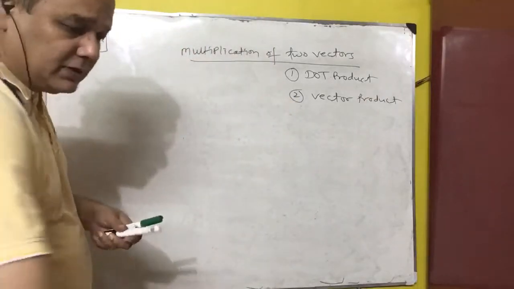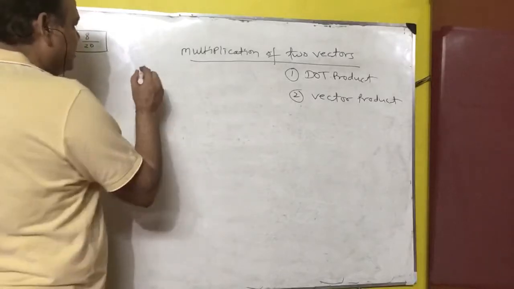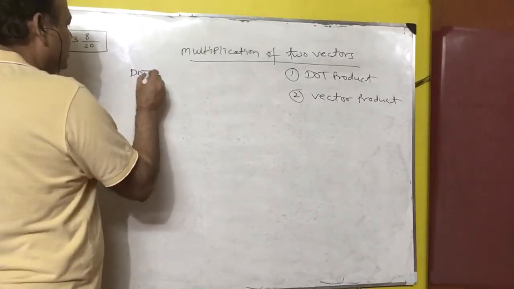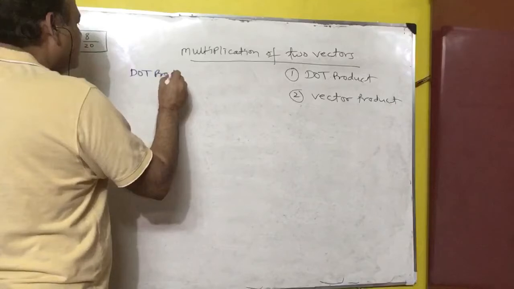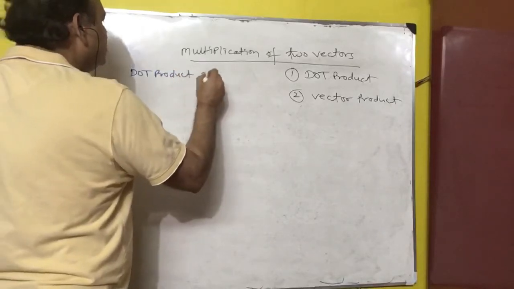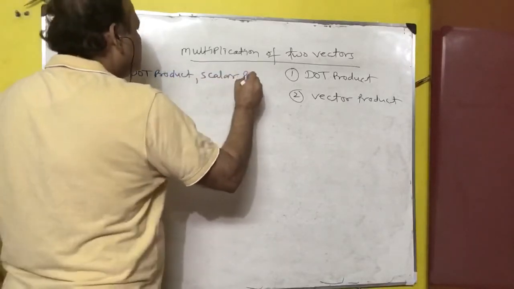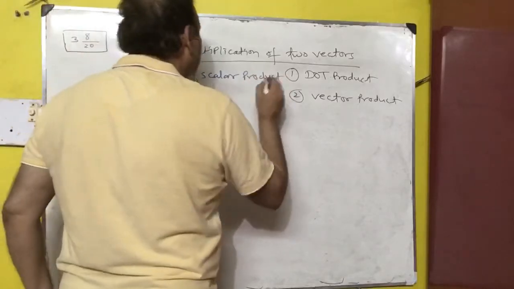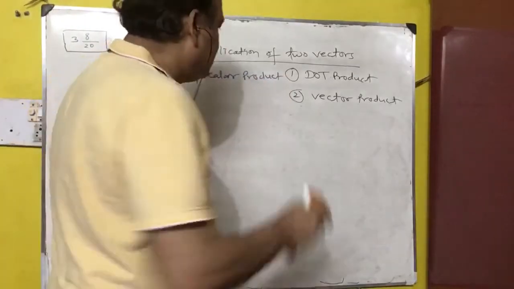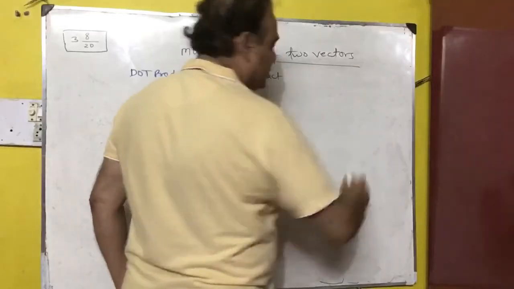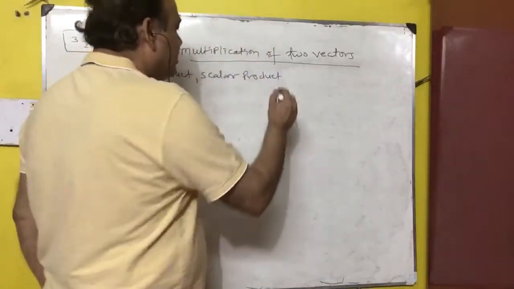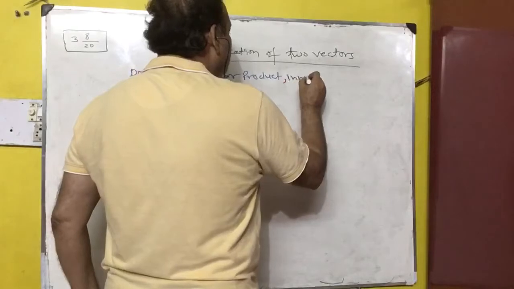So first I am going to discuss dot product. Dot product, or it is known as scalar product, it is known as inner product.